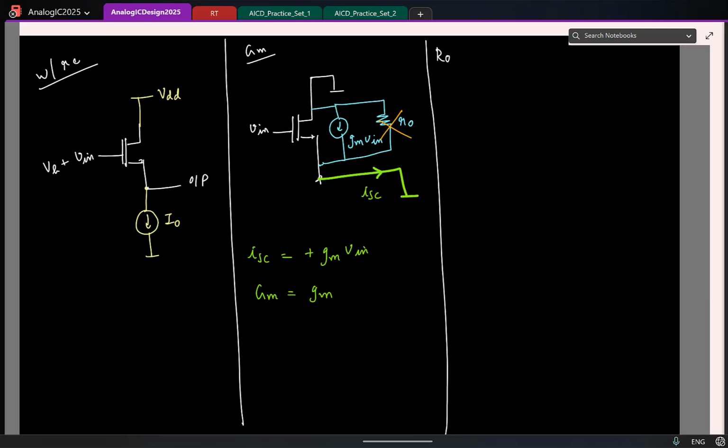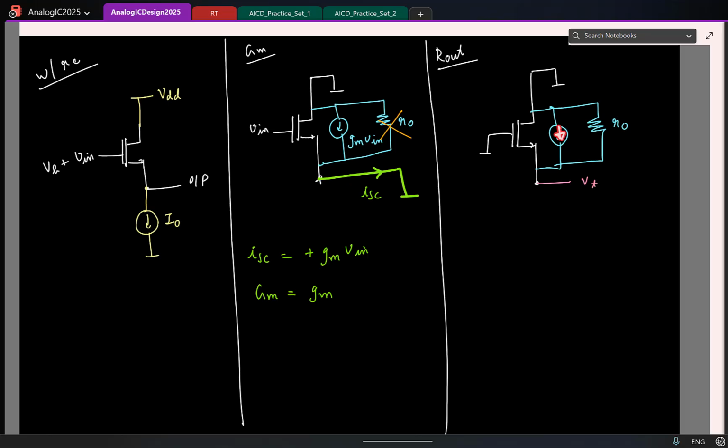So let's do R out. Again R out, I'll draw the small signal picture first. I'm trying to find the output resistance here. So again I'll apply a test voltage, and as usual the transistor I'll replace it like this, R0 and this.